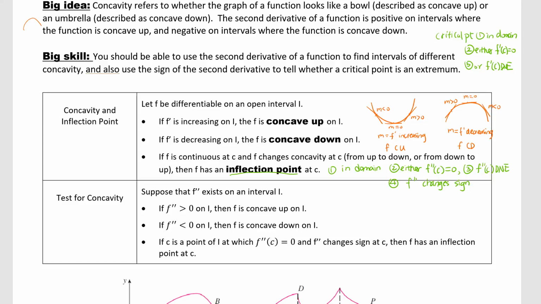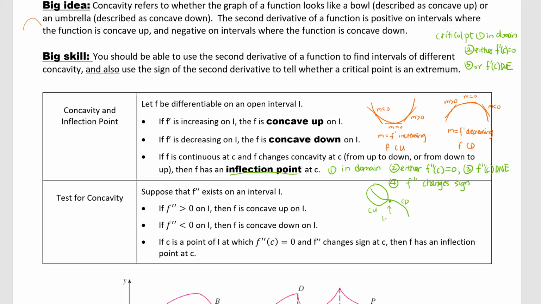Can I give you a picture of inflection points? Let's say, for example, this guy. You can see this piece is concave up because it's like a bowl, right? And then this piece is concave down because it's like an umbrella. So here is concave up, here is concave down, so it changed concavity.